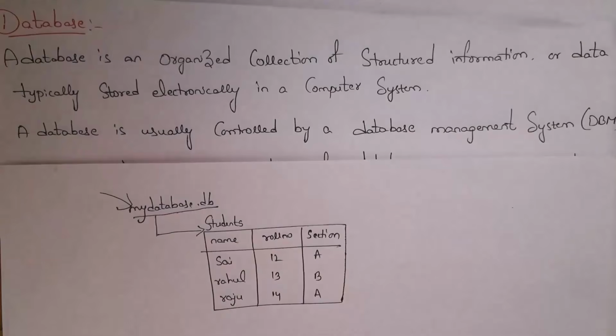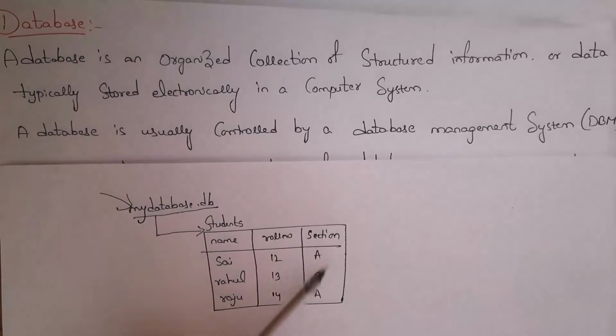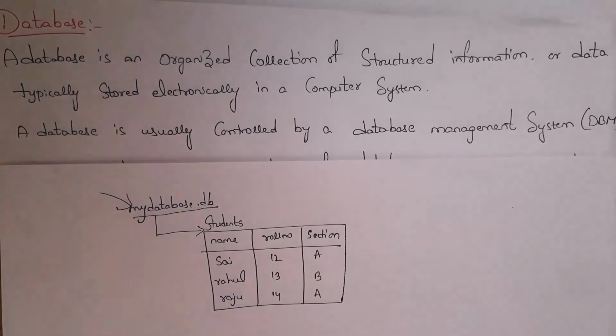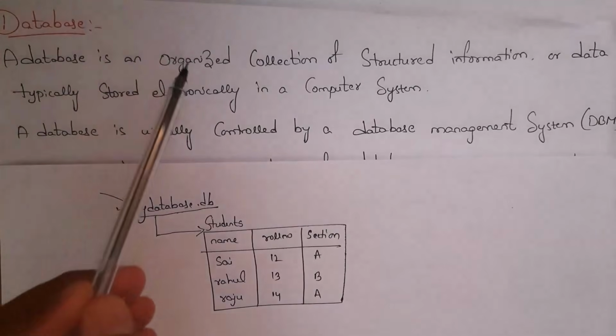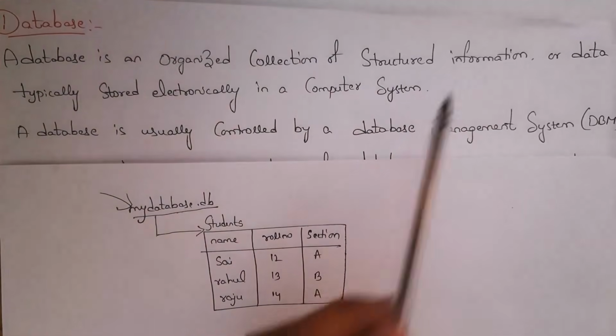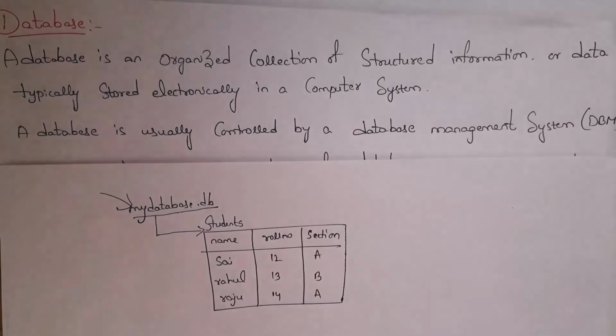What is the meaning of this organized collection? Organized collection means in a database we will store data in an organized format, like all names in one place, roll numbers in one place, and section in one place. This is the meaning of organized collection. So a database is an organized collection of structured information. What is the meaning of structured information? That means in a database we will store data in a structured format, like we will store data in tables.